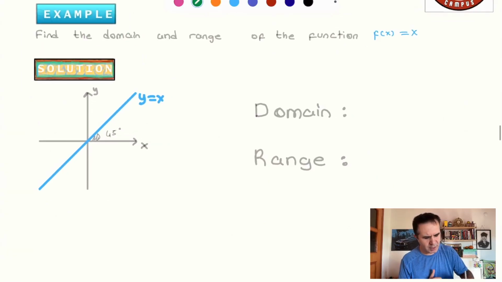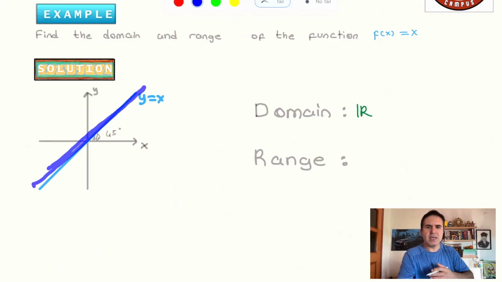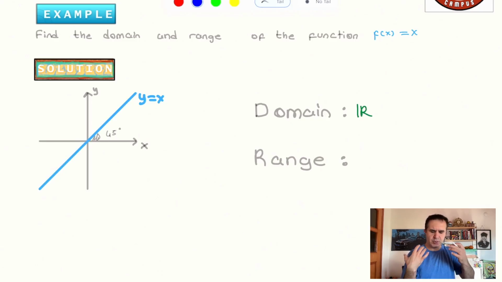So the domain will be real numbers. The range of y equals x is again all real numbers, since the function continues indefinitely in both positive and negative direction, and it can produce every real value as an output. So the range will be real numbers.